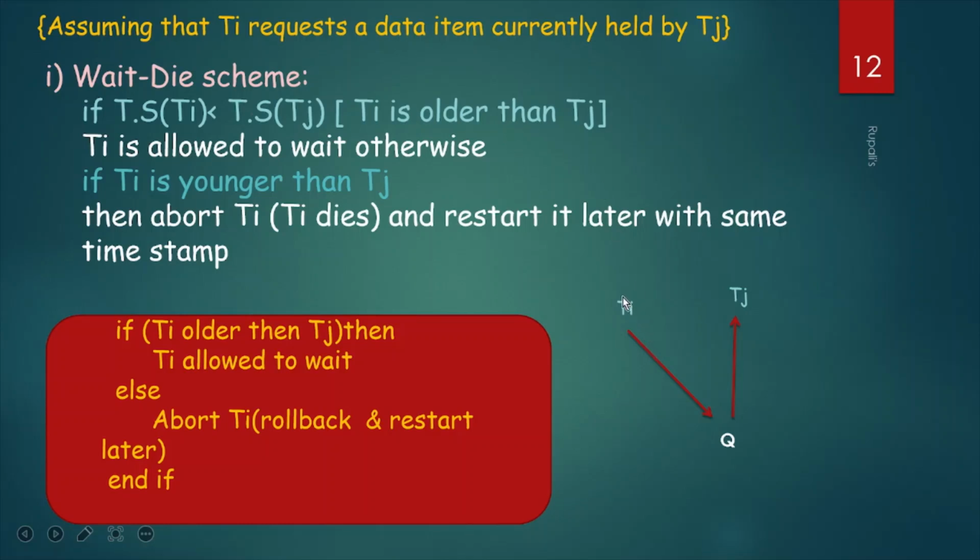In this case, if Ti is older than Tj, then Ti is allowed to wait. Otherwise, just the opposite case, if Ti is younger than Tj, then we have to abort Ti, that is Ti dies, and restart it later with the same timestamp. That is, abort Ti, roll it back and restart later with the same timestamp. This is the wait and die scheme.